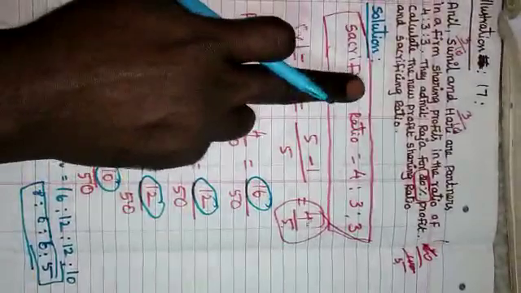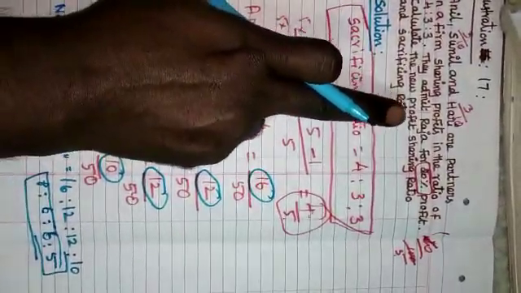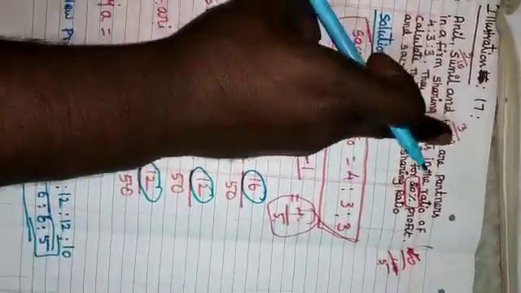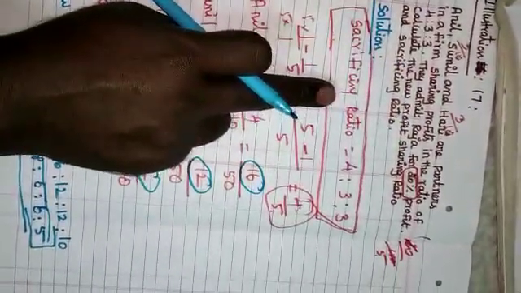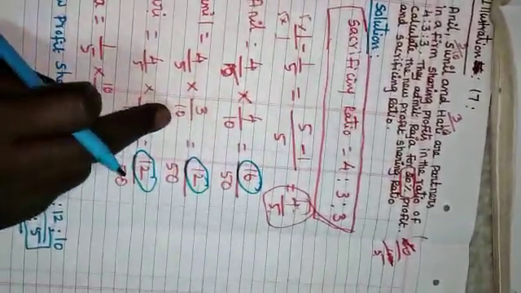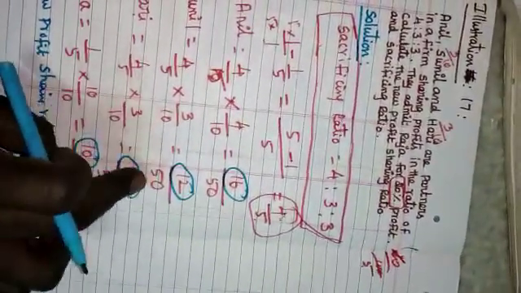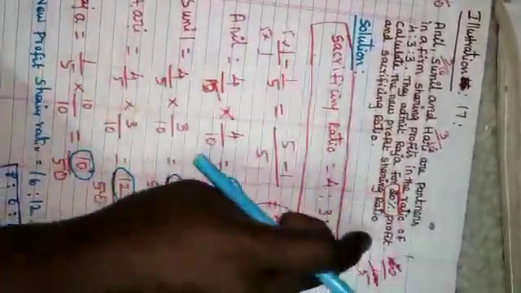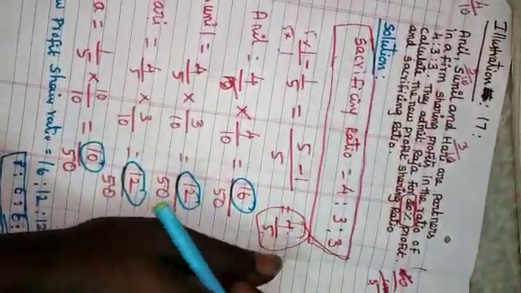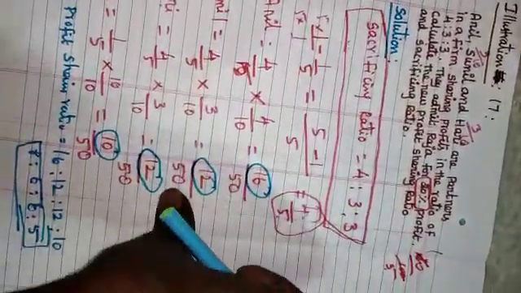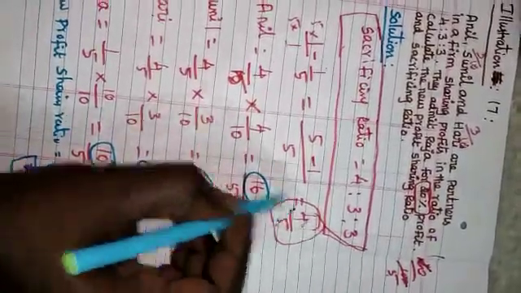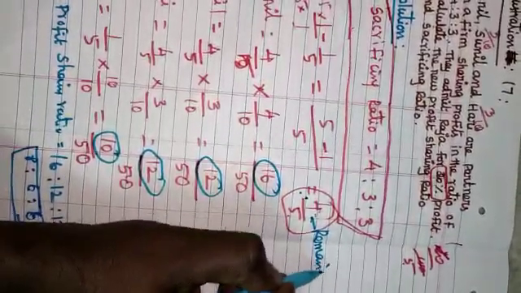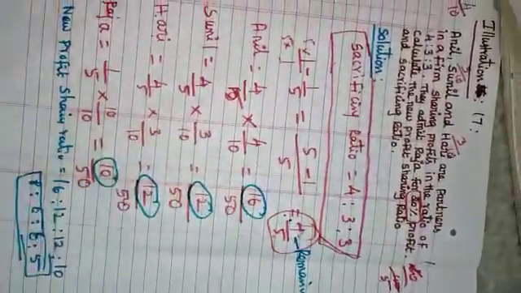Here the new profit sharing ratio and the proportion of share sacrificed are not given, so we have taken the old ratio as the sacrificing ratio. In this sum we have calculated the new ratio: new ratio is equal to remaining share into old ratio. So this is the remaining share into old ratio. We have calculated the new profit sharing ratio.